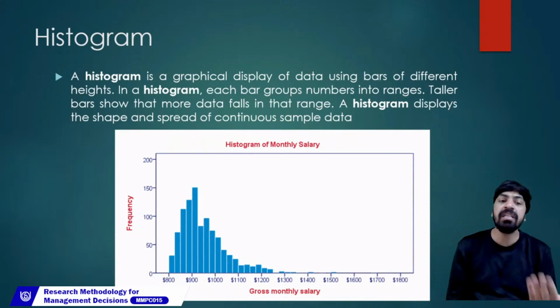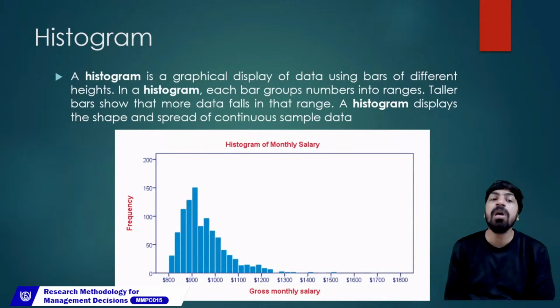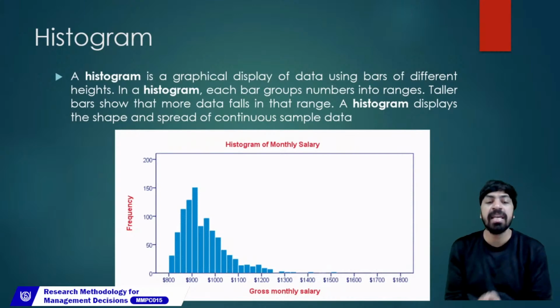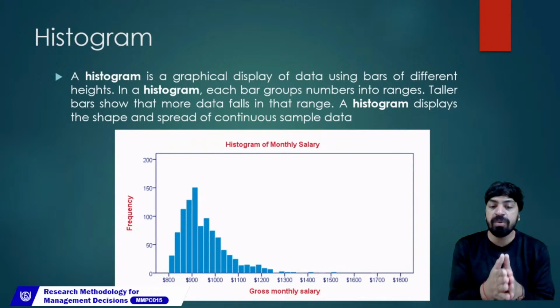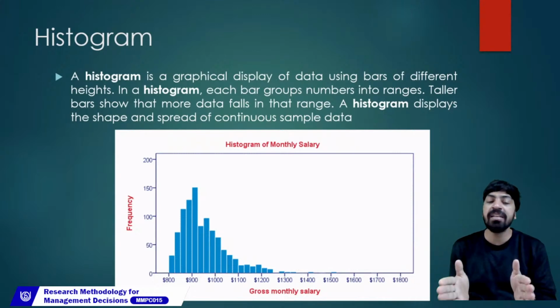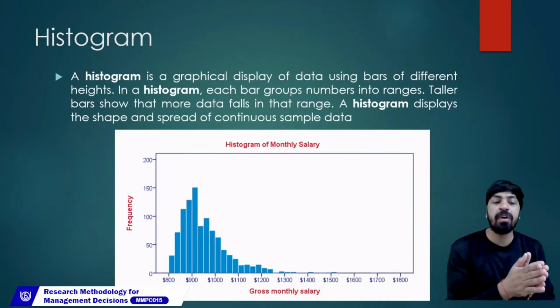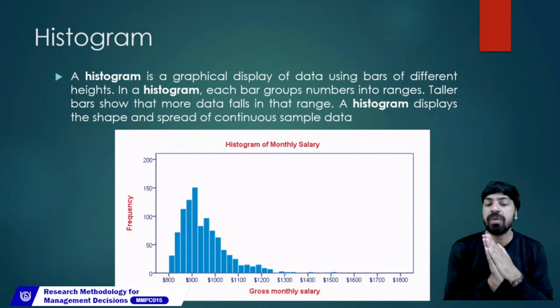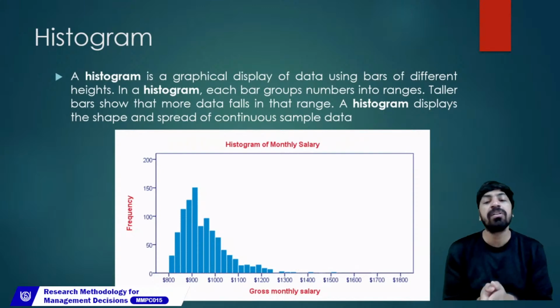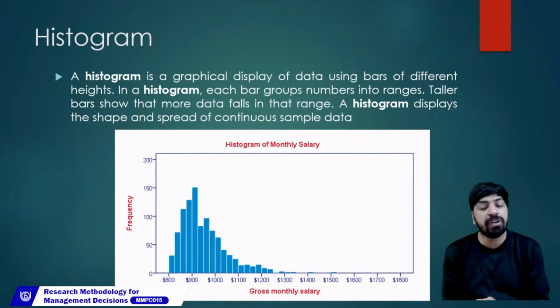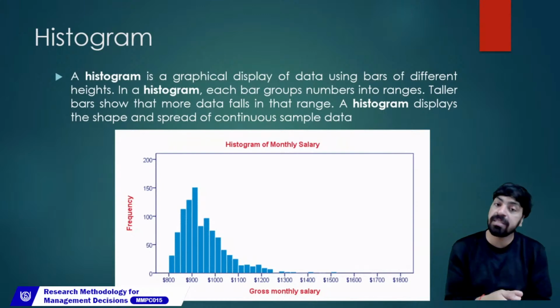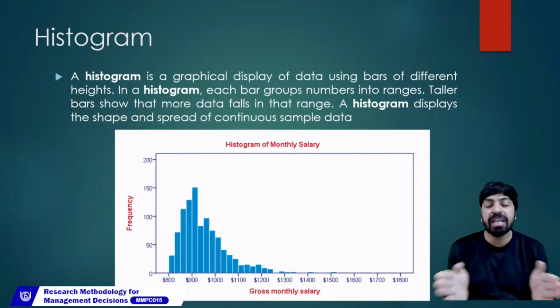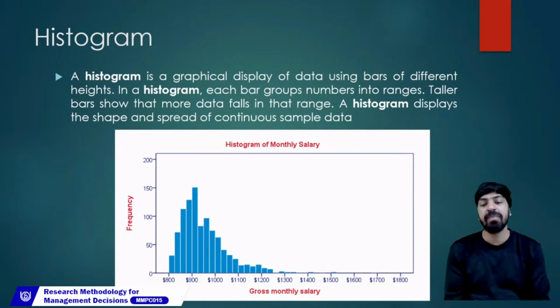You can see the frequency is shown on the y-axis and the salary on the x-axis, and the ranges are divided according to the data set, from $800 to $900, 1,000 to 1,100 dollars, 1,200 to 1,300 dollars, which can be converted into rupees as well. Whatever ranges are given in the data set, it is made accordingly.